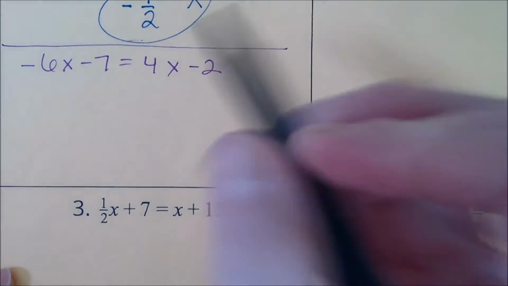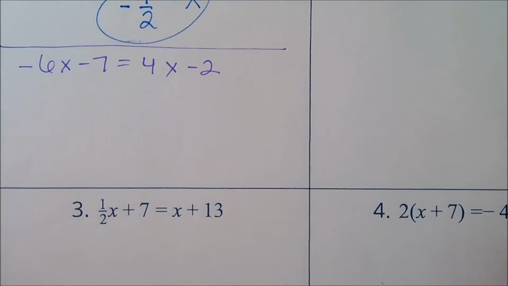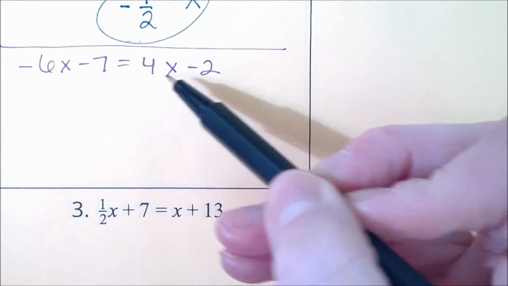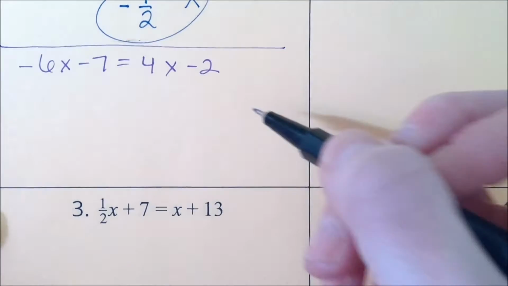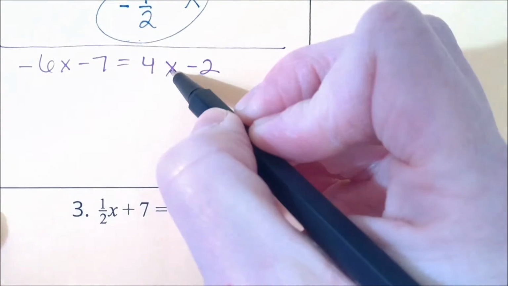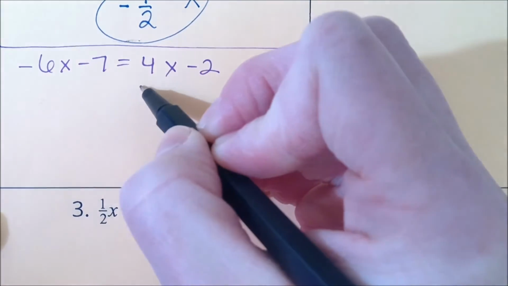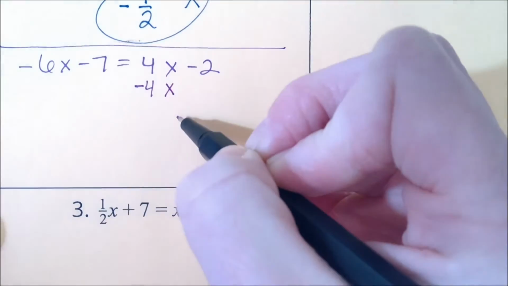So let's say you wanted to eliminate these x's first, for whatever reason, you thought that looks good. If you think about the hanger, all we would be doing is canceling out the x's on this side. So if I want to cancel out 4 positive x's, I'm going to combine it with 4 negative x's.